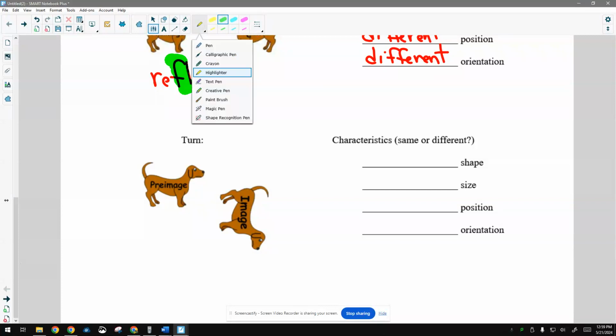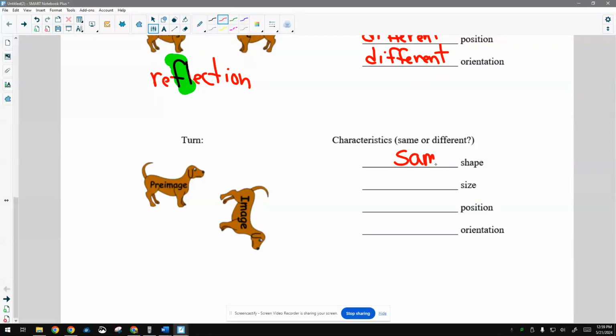A turn, does it have the same shape? Yes, same shape. How about size? Same size. How about orientation? Be careful with this. So here's the thing. He's facing to the door. Now, right now he's facing down, but he did not flip.